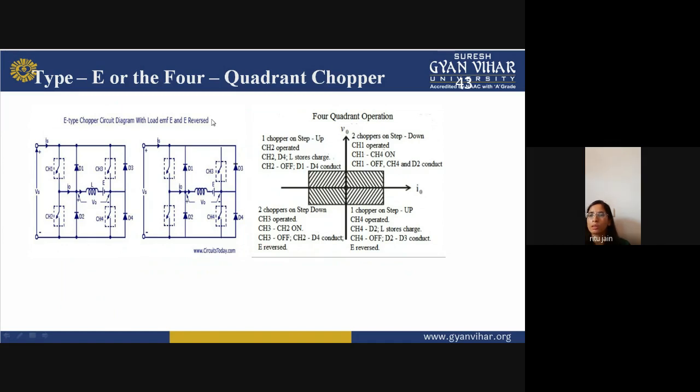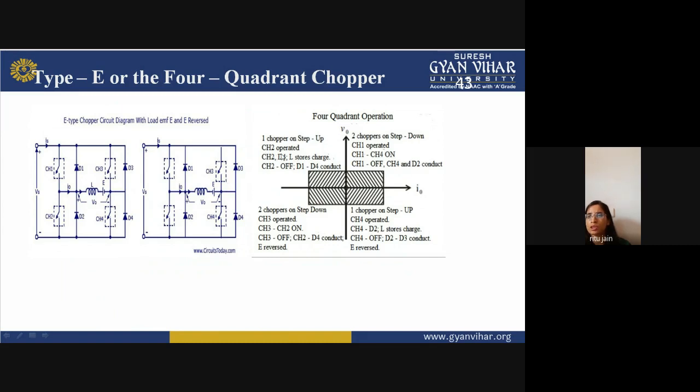When CH2 and CH3 are on, the current is in the negative direction and the voltage is also negative. You can see that the current will flow like this, in the opposite direction, and the voltage across this also will be in the opposite direction.